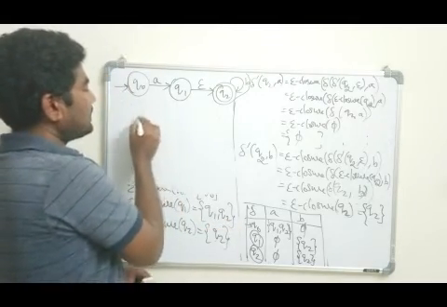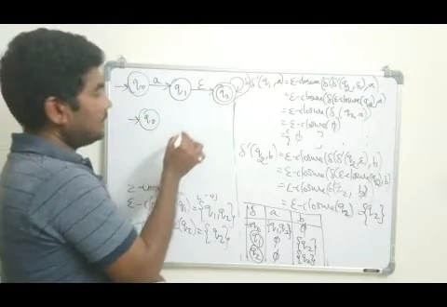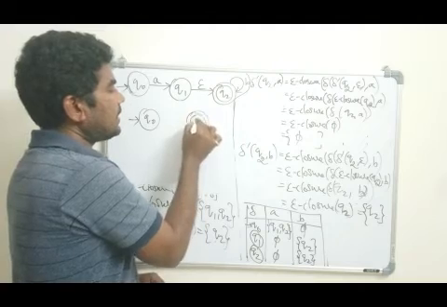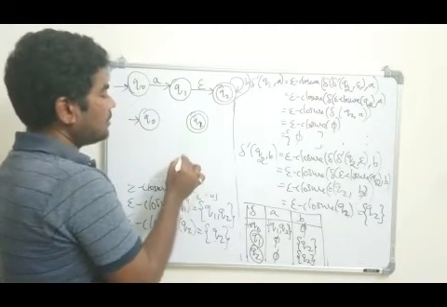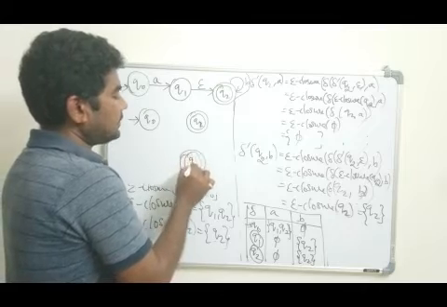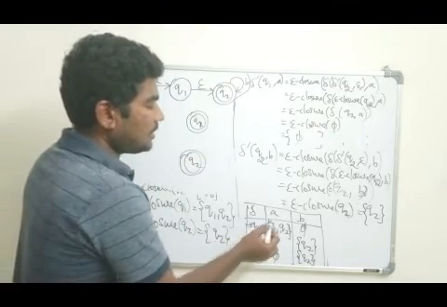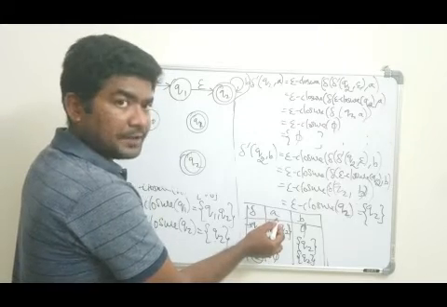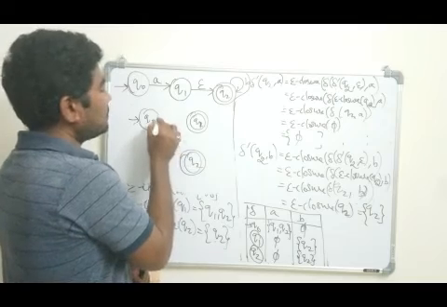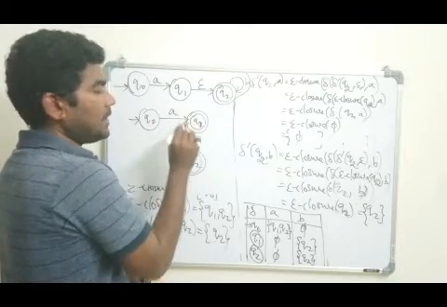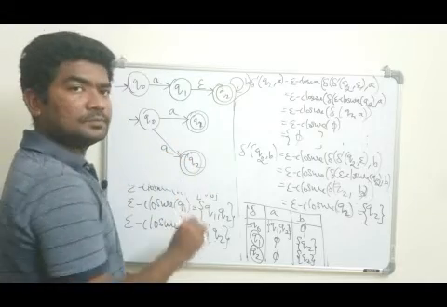Now you will draw the transition diagram. First, Q0 is the initial state, and Q1 and Q2 are final states. Now Q0 is getting an input of A and doing the transition to Q1 as well as Q2.